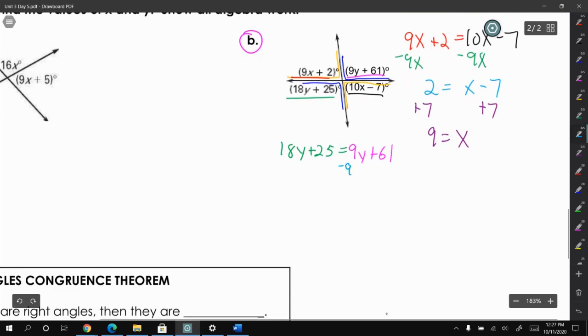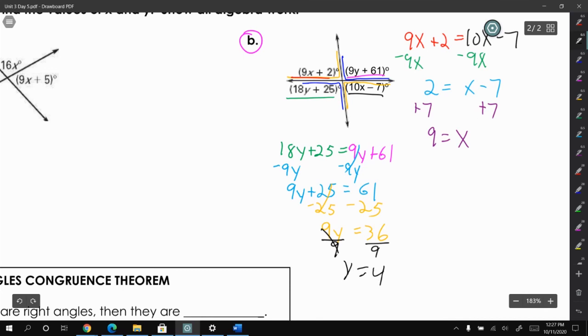We're going to subtract 9y from both sides so that we get 9y plus 25 equals 61. Subtract 25 from both sides. 9y is equal to 36. And then divide both sides by 9. Y is equal to 4.